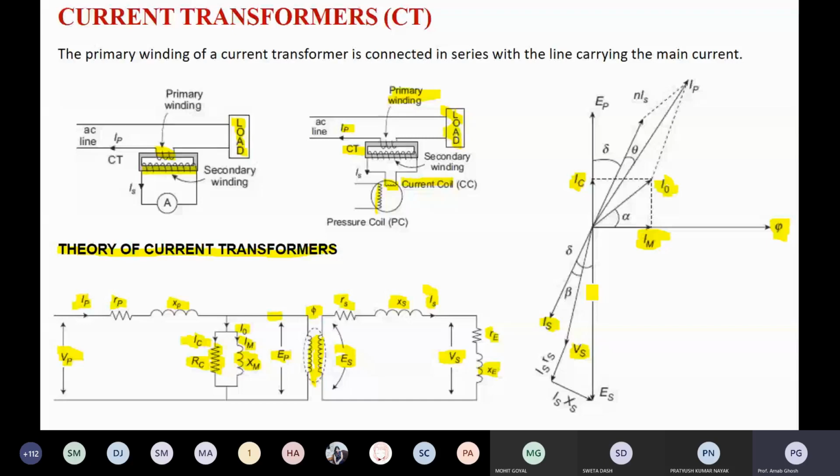So if it is your Is, that Is will be transferred to the primary side, so it will be reversed by 180 degrees, and it is N Is. If you add both of them, we will get the value of IP, the primary side current.